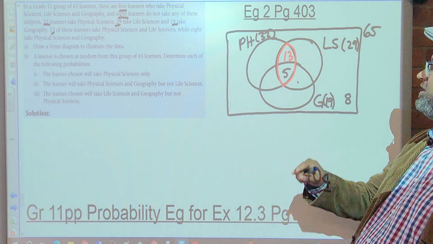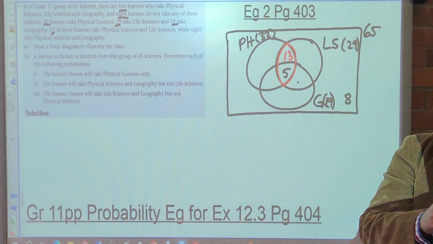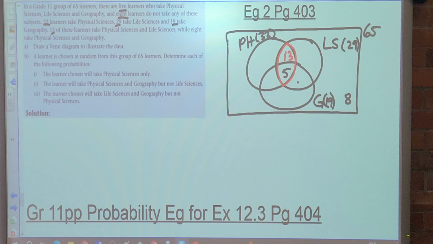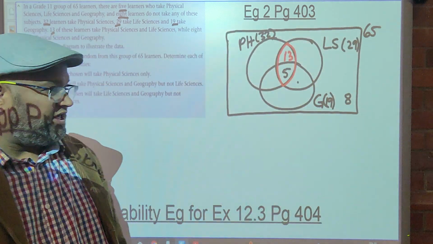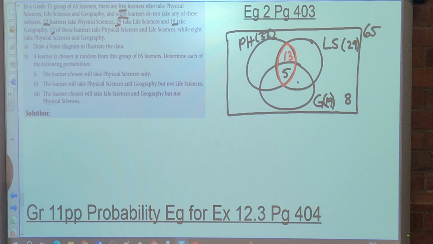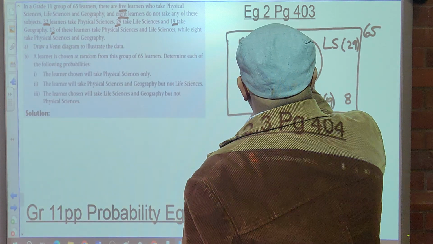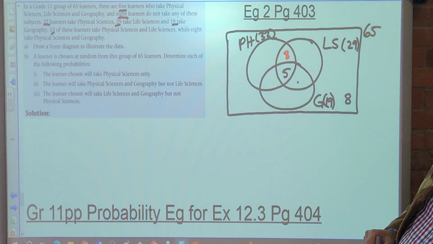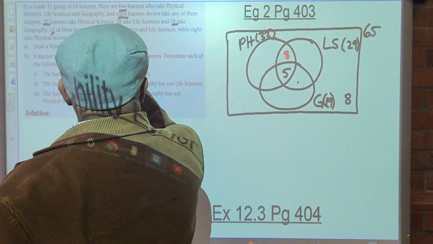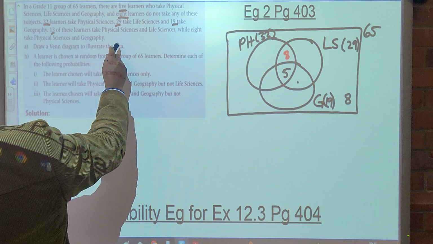It will only go there if it says physical science and life science only. Did it say that? No. So that means that 13 is inclusive of the 5, which means 8 do physical science and life science only. Verstaan julle?